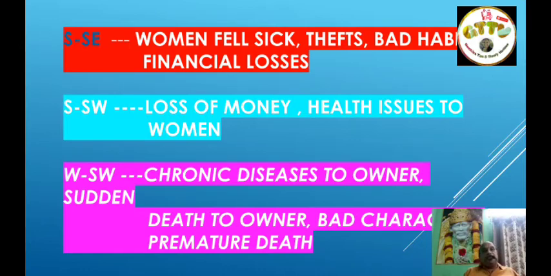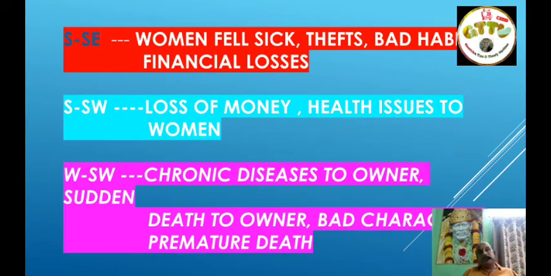And if you have it in the south of southwest, there is a loss of money because of business or some other reason, and health issues to the woman. So there will be so many problems for the women who are staying in that particular house.